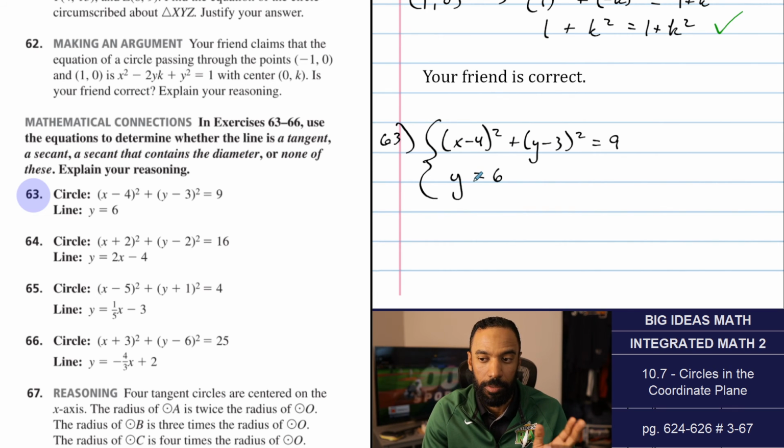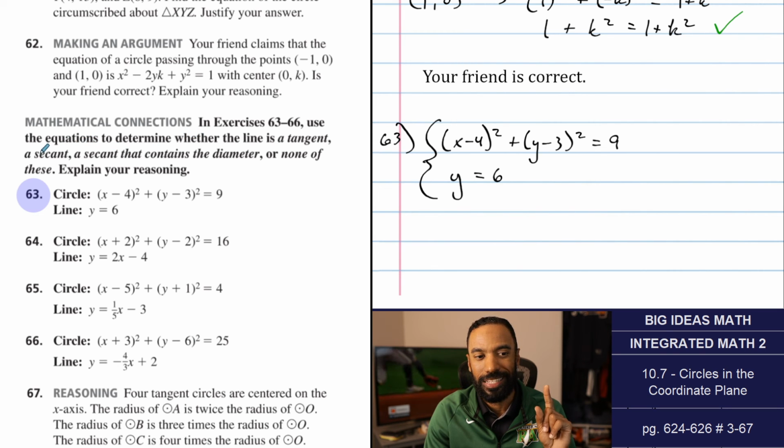A secant would mean plugging in y would give me 2 solutions for x, and a none would be plugging in 6 for y would give me no solutions for x. However, that's algebraic for that part. It doesn't explain how solving algebraically shows you the secant that contains the diameter.